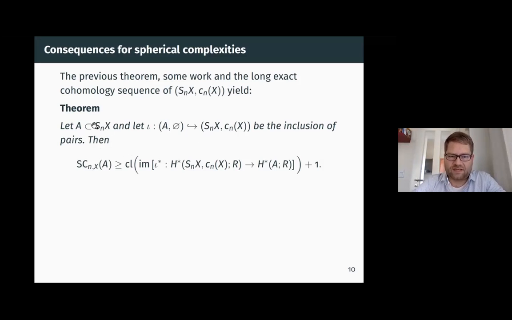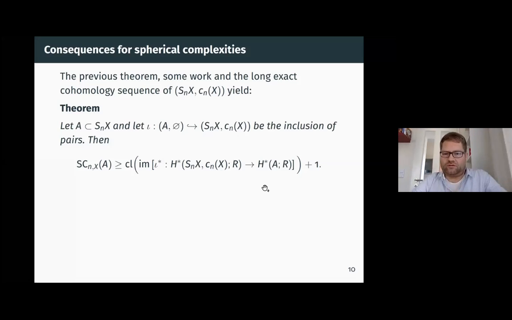If we take some subset A, and let iota denote the inclusion of pairs from A relative to the empty set into S and X relative to constant spheres, then the spherical complexity of A is bounded from below by the cup length inside the image of iota upper star. So the cup length of all classes in this subspace which come from classes in the cohomology of the sphere space modulo constant loops, and again +1.